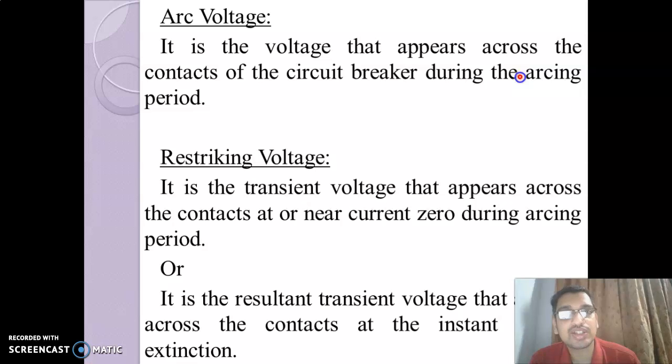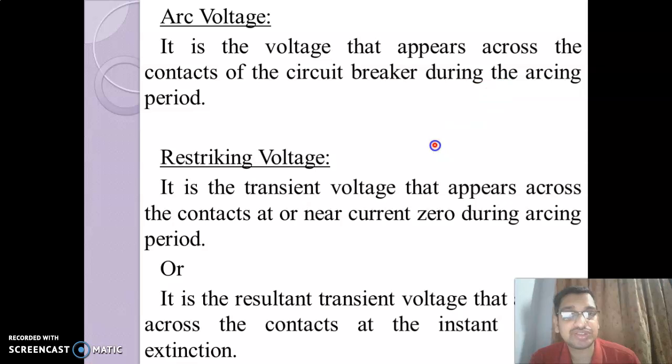The voltage across the contacts at that time is the arc voltage. The arc voltage is generated from the point at which the fault occurs up to the fault cleared point. So that is arc voltage.